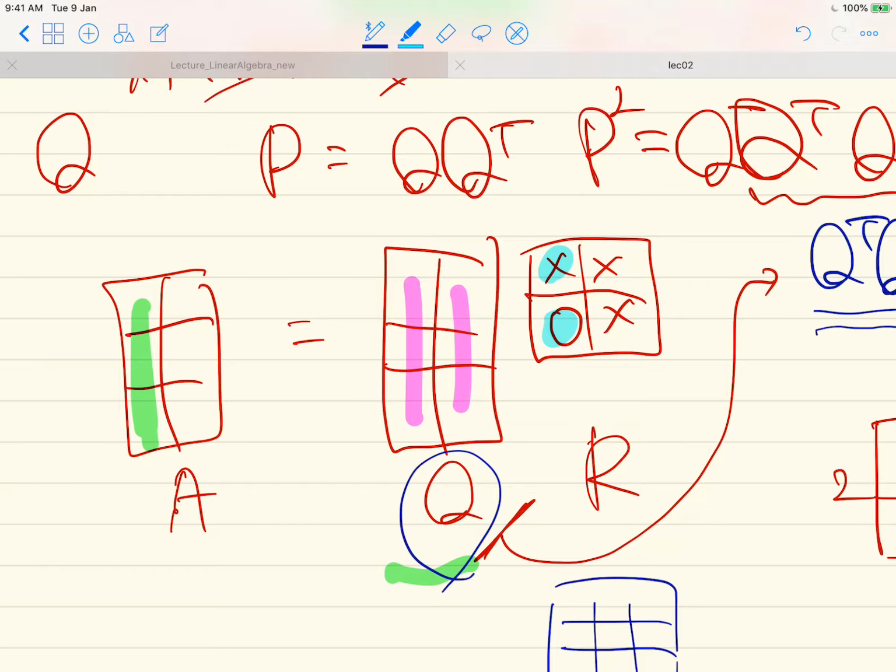Because that is the column combination perspective. But here we don't use the second column because we have 0 here, right? So in the first step, this is nothing but the normalization of the first column into a unit vector, and then a scalar multiple to recover the original column.